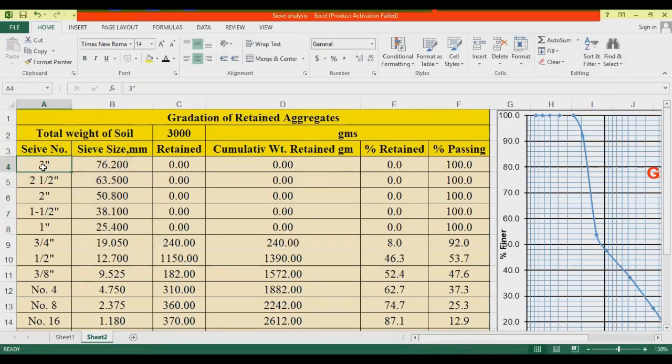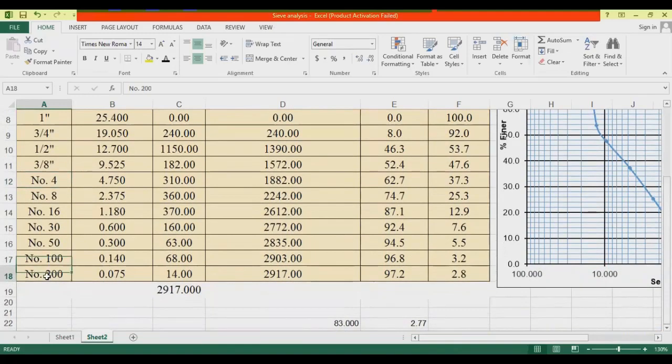Like this 3-inch sieve will have openings, each will be equal to 76.2 millimeter. And this sieve number 4 will have openings, each will be equal to 4.75 millimeter. And this sieve number 200 will be having openings, each will be equal to 75 micron or 0.075 millimeter.